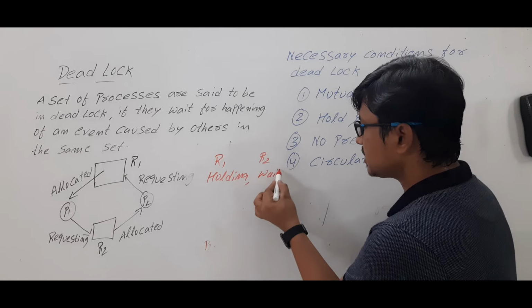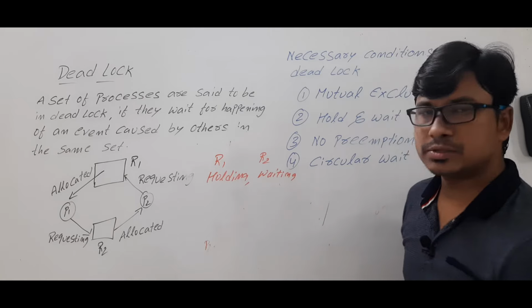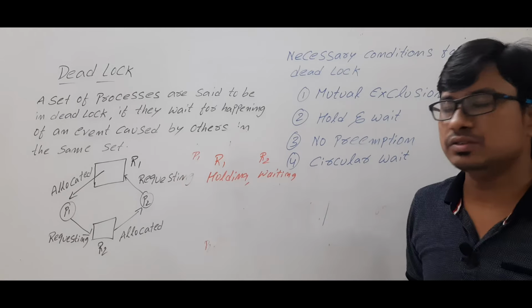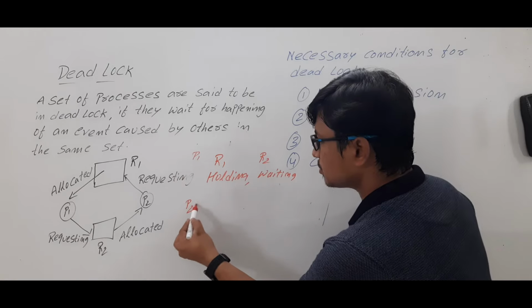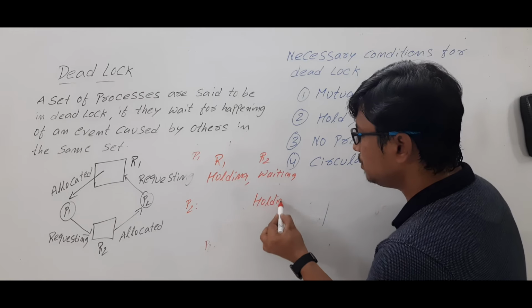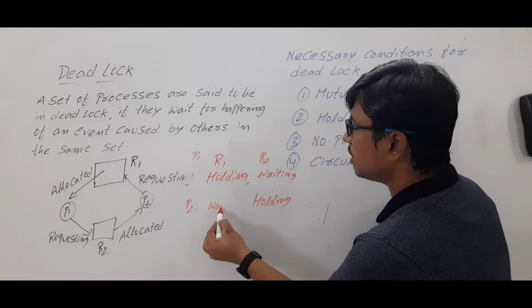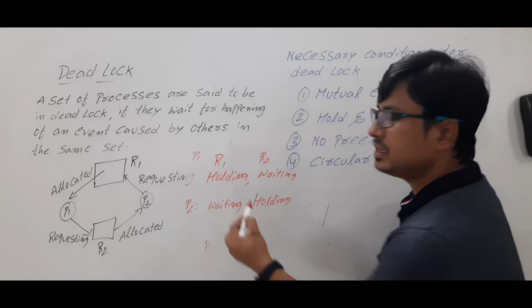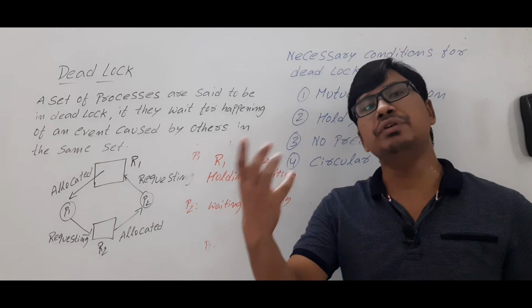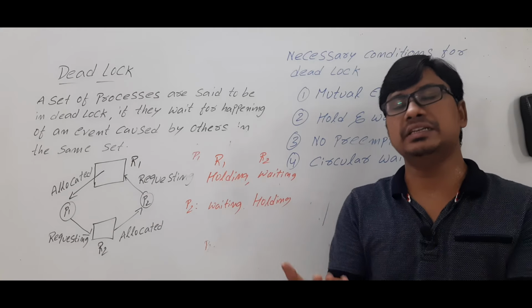Are you able to understand it or not? Similarly, process P2 is holding the resource R2 and it is waiting for the resource R1. So you have a resource and you are waiting for another resource to complete your task.